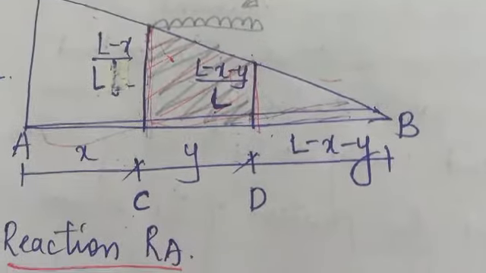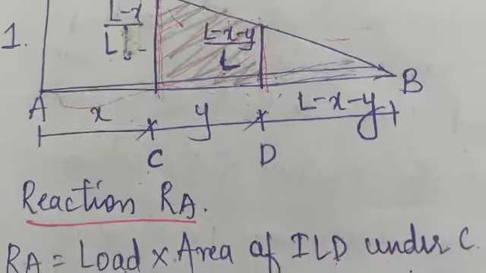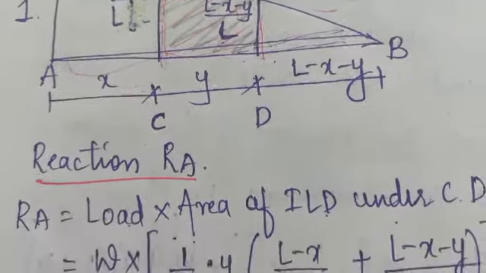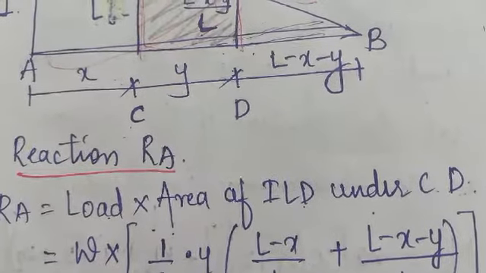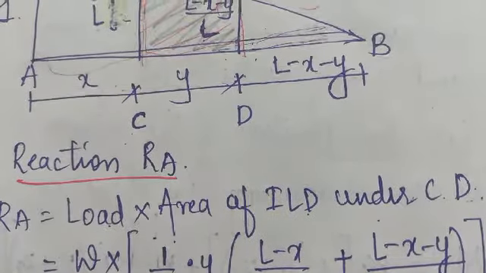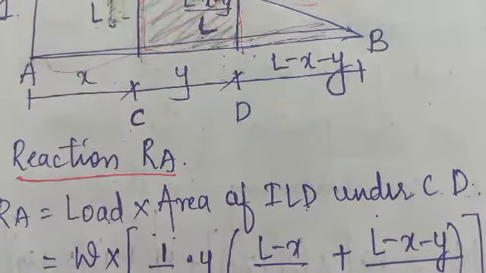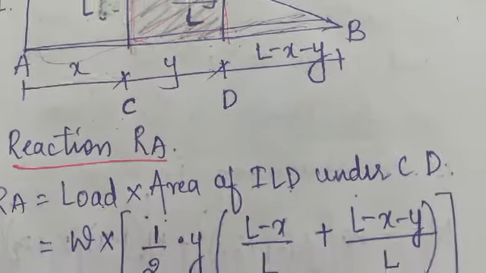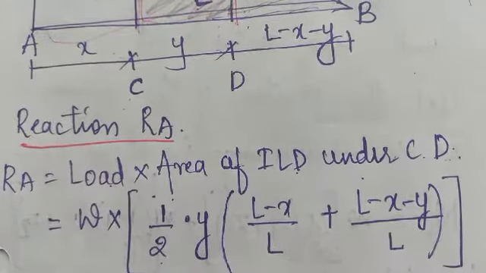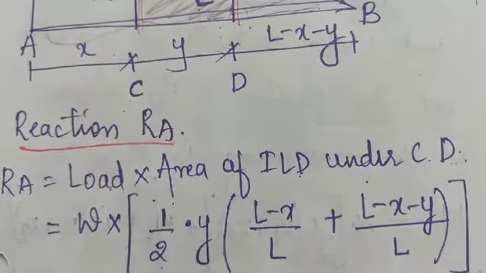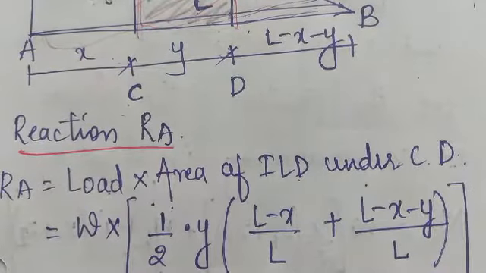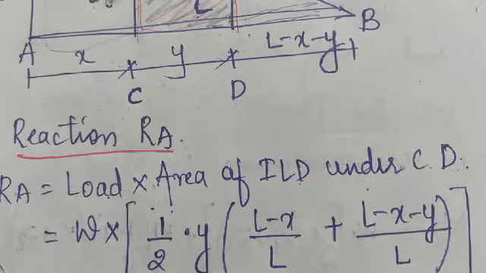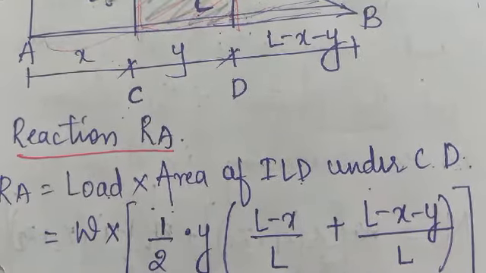So reaction RA is calculated how? Load multiplied by the area of the influence line diagram under the CD portion. This area is taken only for the UDL values. Whenever you have a UDL, we consider the area under the spread out region of the UDL.